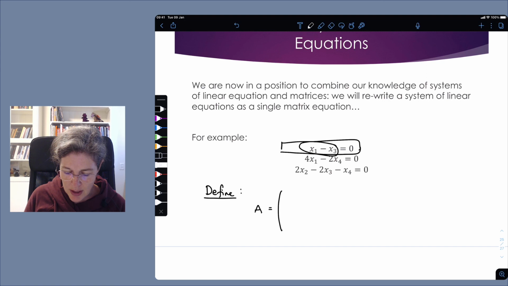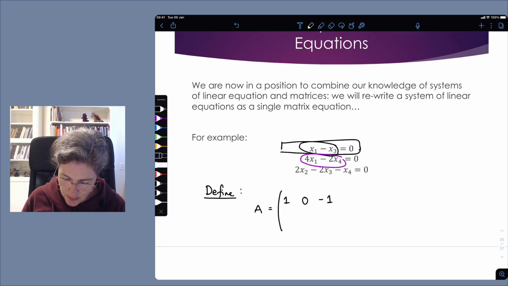So here I would have a 1. Now x2 isn't showing up. That means it has a coefficient of 0. And then I have a -1. Oh, and I see I've actually got 4 variables. So I should have this over here, and x4 is also a 0.